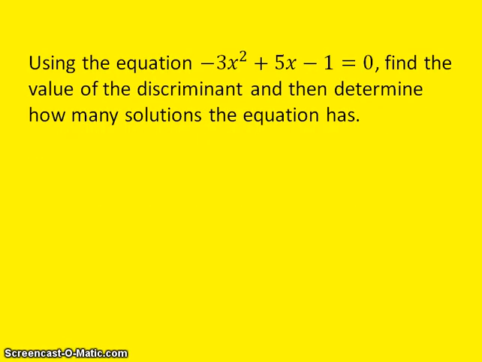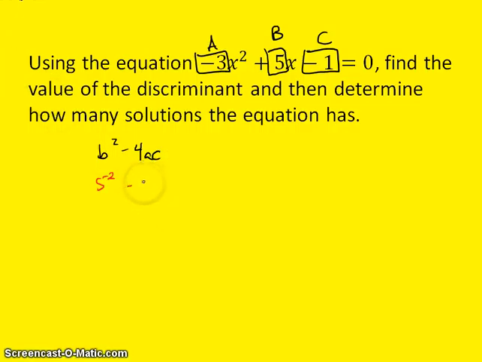So let's jump right in. We got this equation. So our a is negative 3, our b is 5, and c is negative 1. So we want to calculate b squared minus 4ac because we want to find the value of the discriminant. So b is 5, so 5 squared minus 4 times a times c.